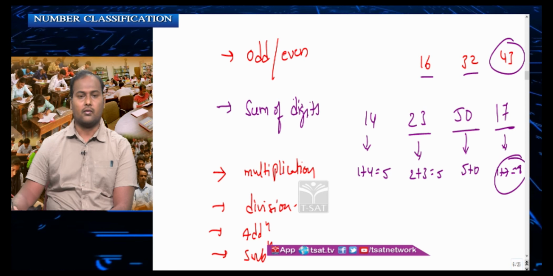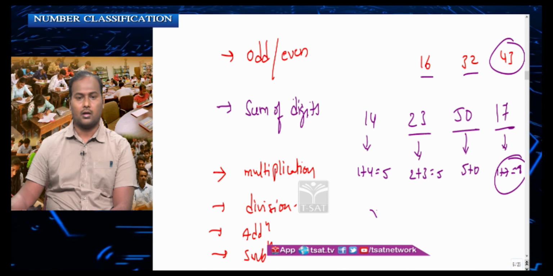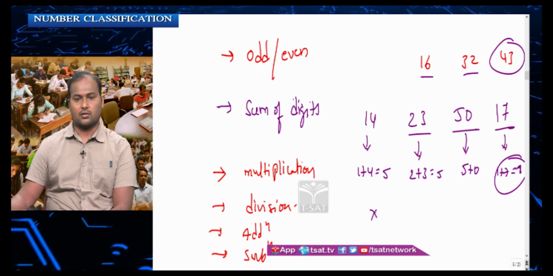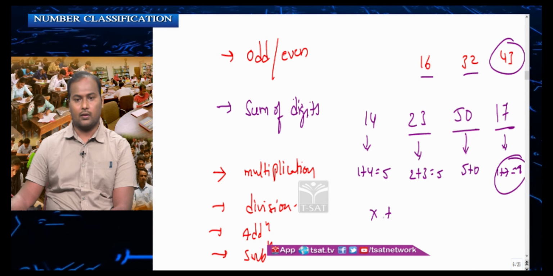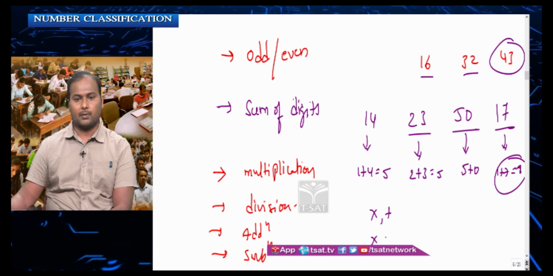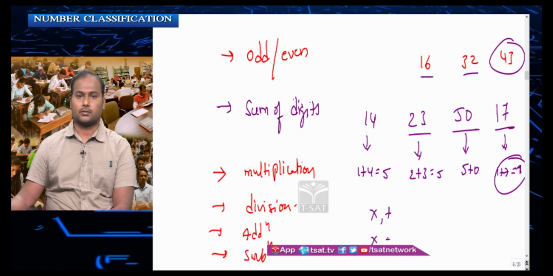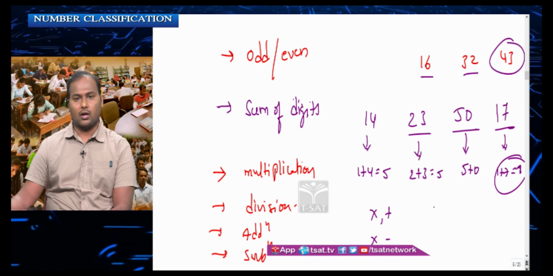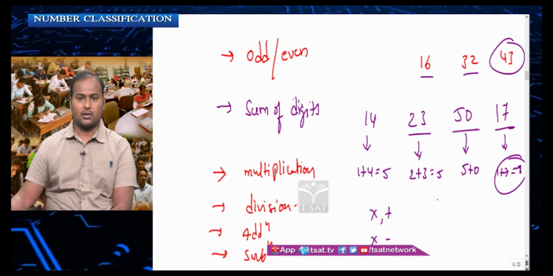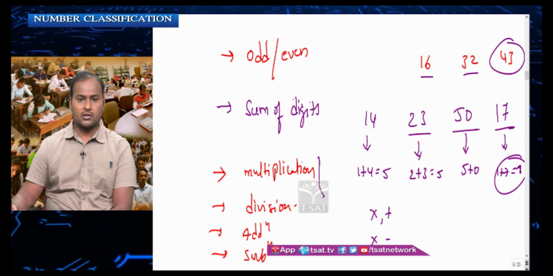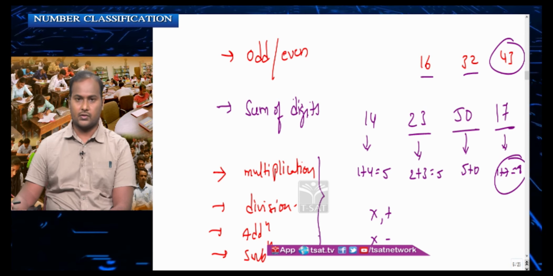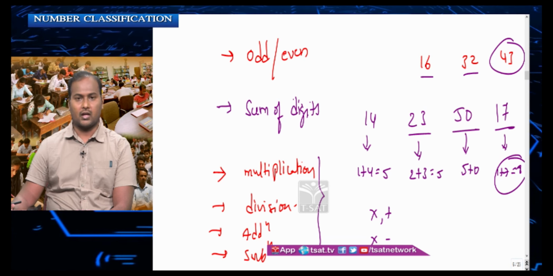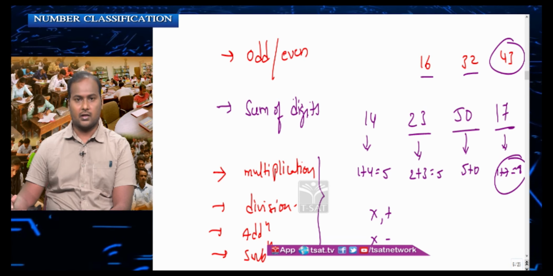For example, he will combine addition and multiplication. First he will multiply and then add, or multiply and then subtract, or you have additions and subtractions as well. So based upon the combination of multiplications, divisions, additions and subtractions, we can expect questions from this area as well.